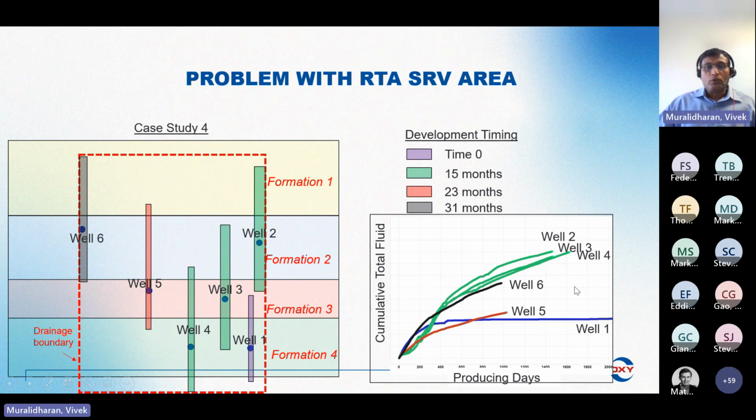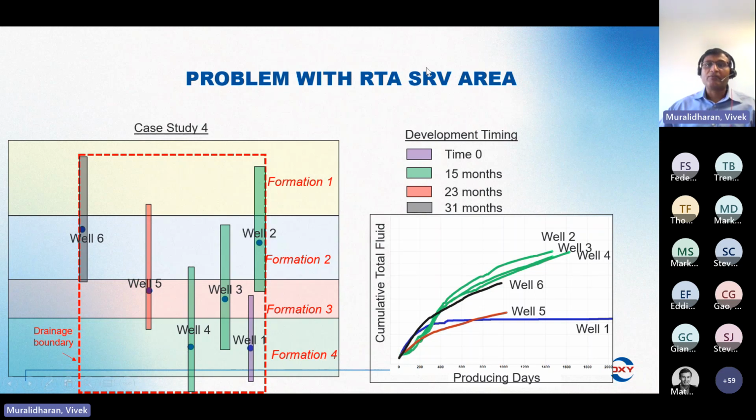When comparing the SRV size, you should always compare the total fluid or total liquid, as long as the gas-oil ratio is not climbing. If you only look at the oil, you're going to have a false correlation because the petrophysical quality is not the same in every landing.